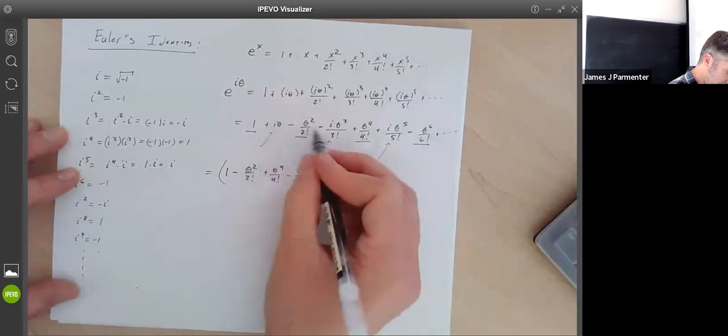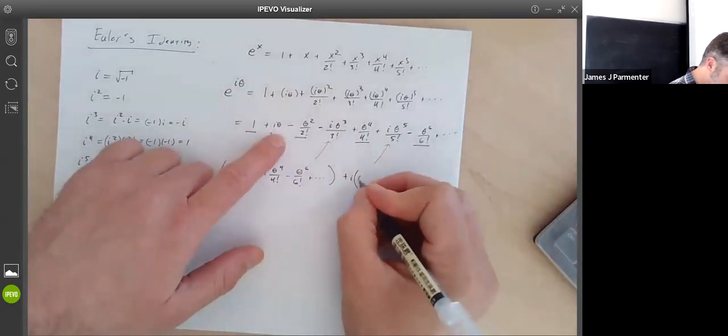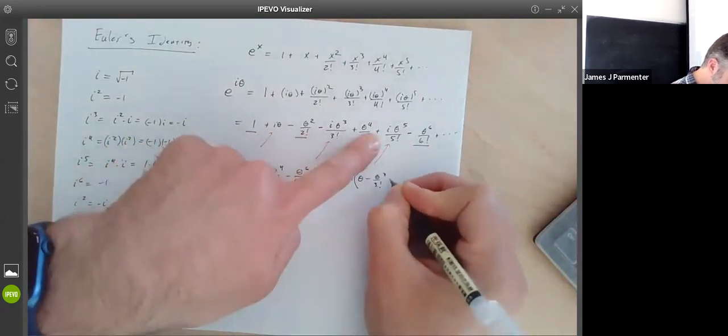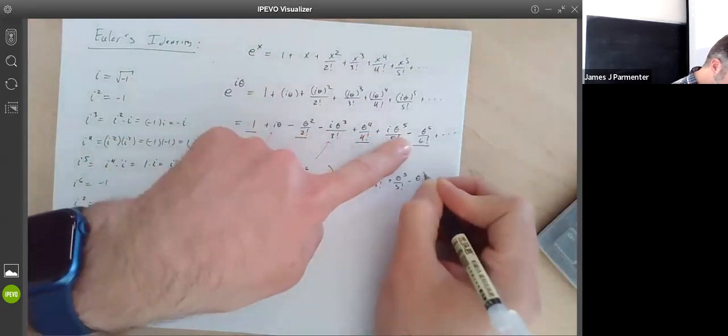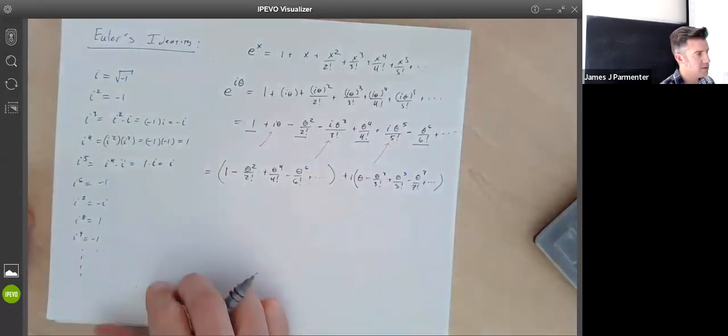Plus, I'm going to factor out the I from these other terms and have I times theta minus theta cubed over 3 factorial plus theta to the 5th over 5 factorial. There would be a minus theta to the 7th over 7 factorial. Those look awfully familiar.